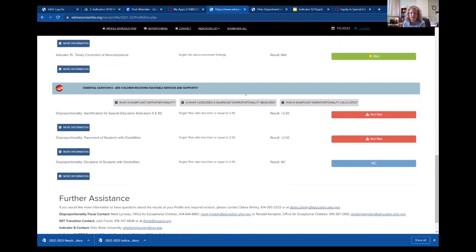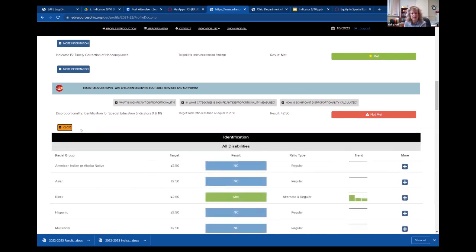And as Lydia mentioned earlier, our districts in our region, although there are these different categories of disproportionality, all of our findings within our region occur around identification and specific to the categories of speech language impairment, intellectual disability, and emotional disturbance.